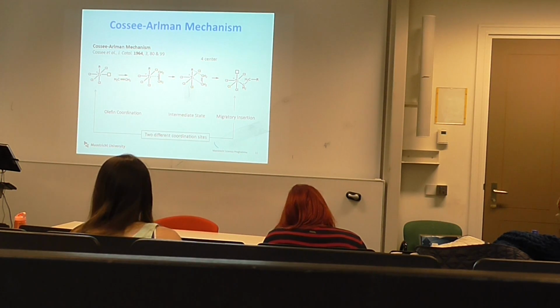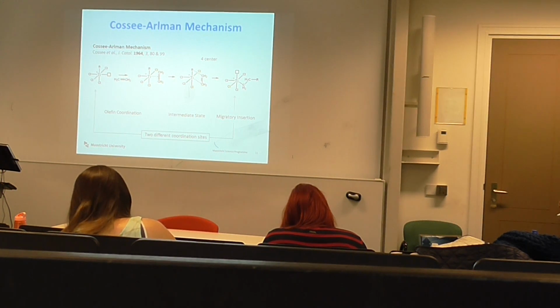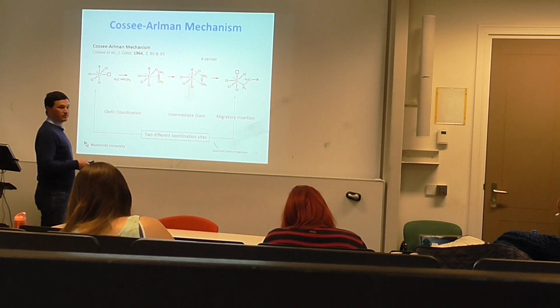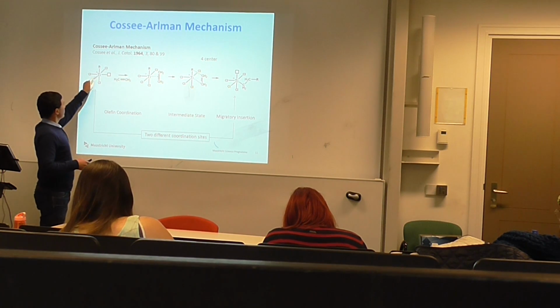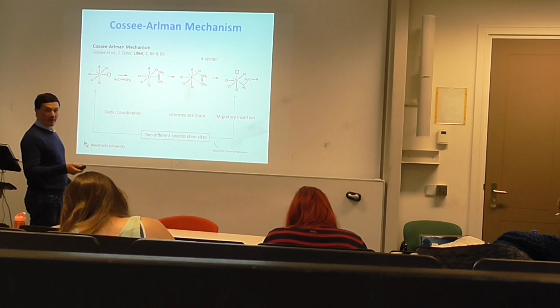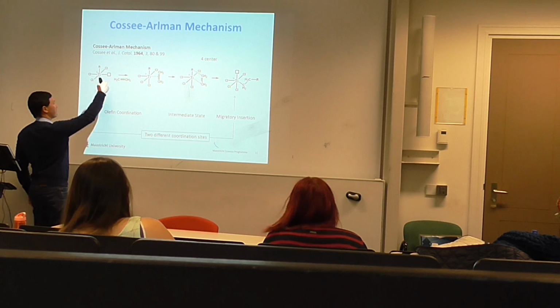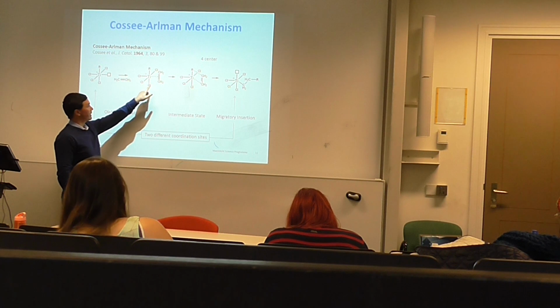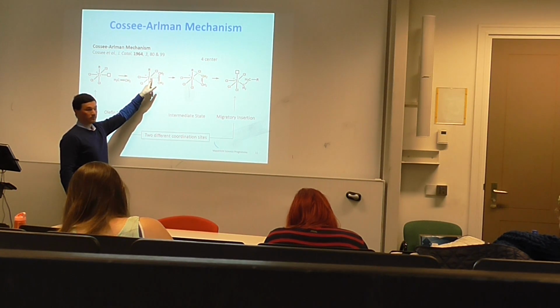The accredited mechanism for the polymerization, the Cossee-Arlman, I think we have already seen this, but we can see it in detail here. Here is a reference if you wish to have more information. We start from the active site, which is a cationic titanium in this case, bound to an alkyl group, called R in this case, which can be methyl, ethyl, and you have a free coordination site, where your olefin, in this case ethylene, can coordinate the titanium.